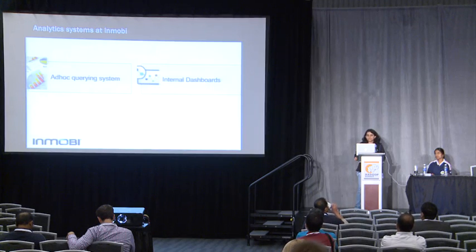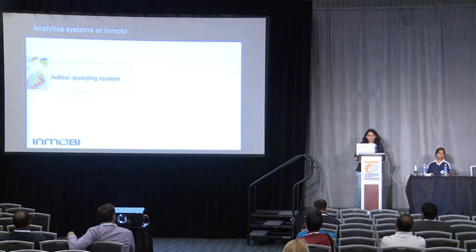So given these use cases, we have 3 different systems at InMobi running analytics for us. One is the ad hoc querying system, which runs on top of HDFS and Hadoop, and it's primarily a batch-oriented system. It has a custom UI and API attached to it.